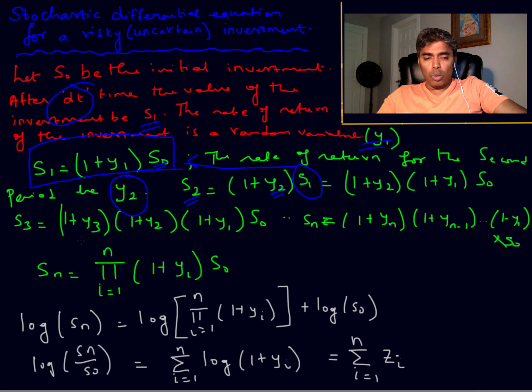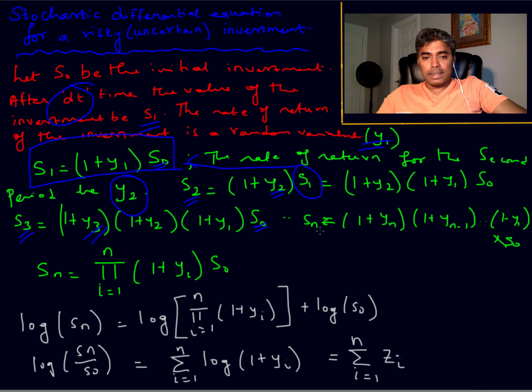If you go for the third period, this method continues, which means there is going to be a third random variable for the third period. The value of the investment at the end of the third period, S3, is going to be 1 plus y3 times 1 plus y2 times 1 plus y1 times the initial investment.